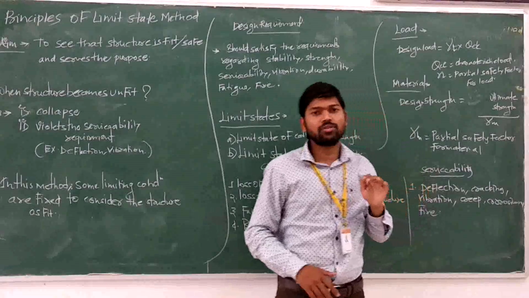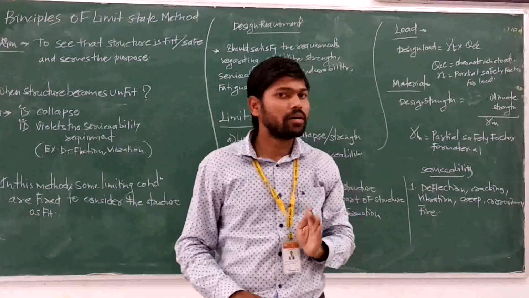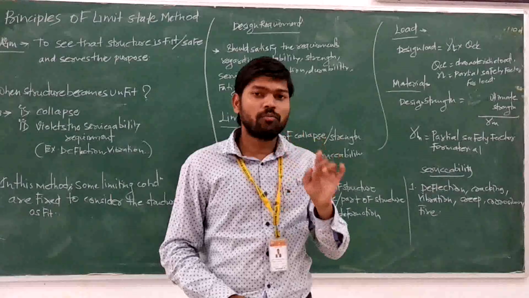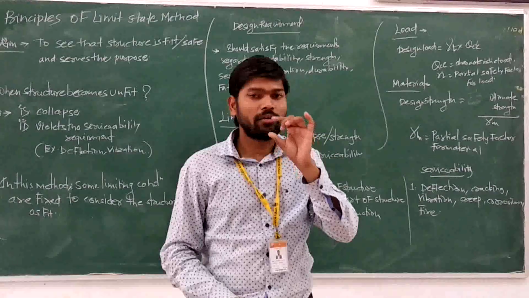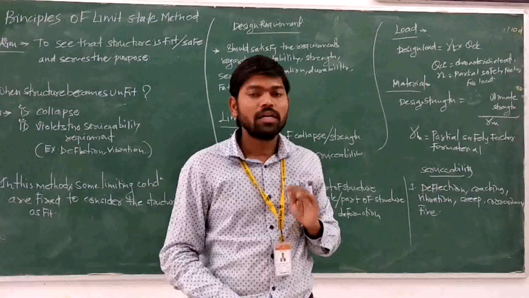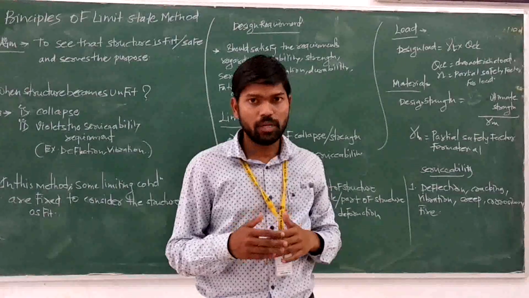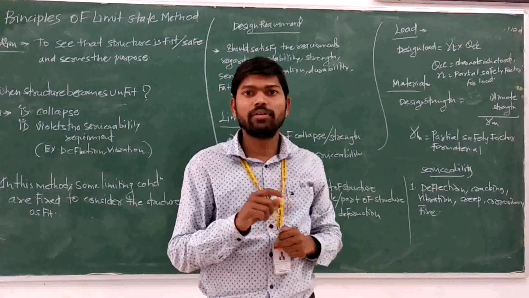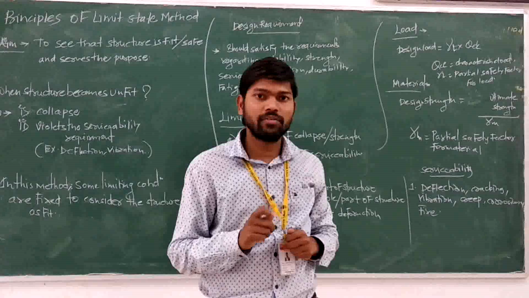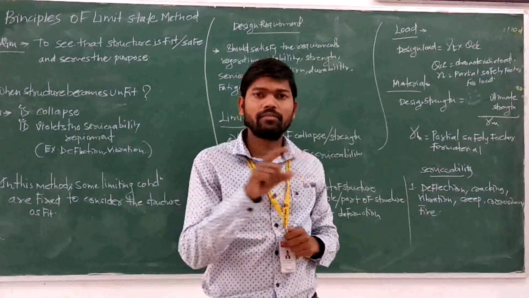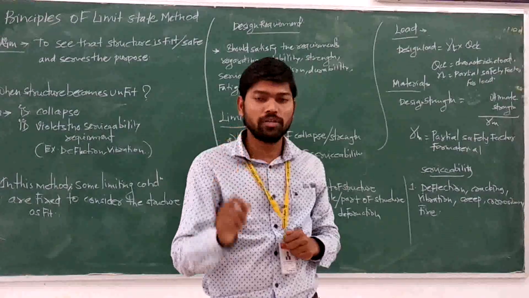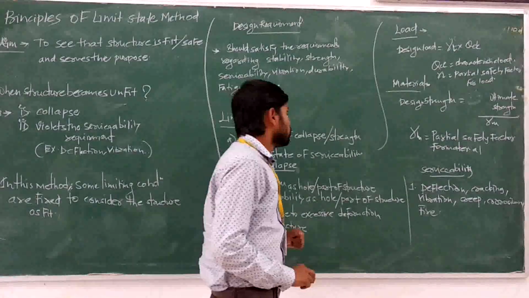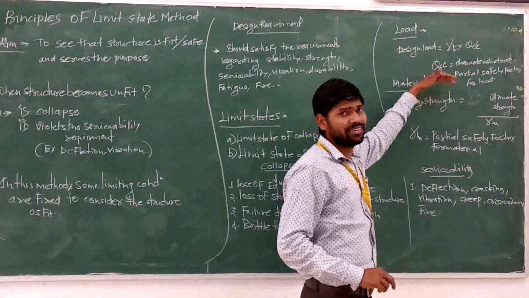Now this gamma L is generally taken as 1.5, but the accurate value of gamma L depends upon the loading combination. The entire details are given in Table 4 of IS 875 Part 3, where you will get the value of gamma L for each loading combination. Generally it is taken as 1.5. So this is about the load.